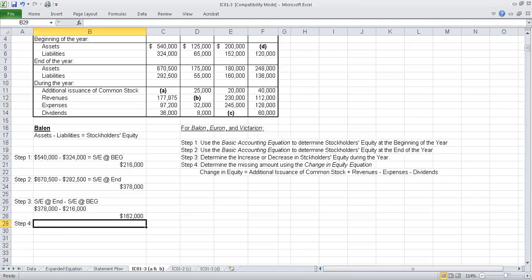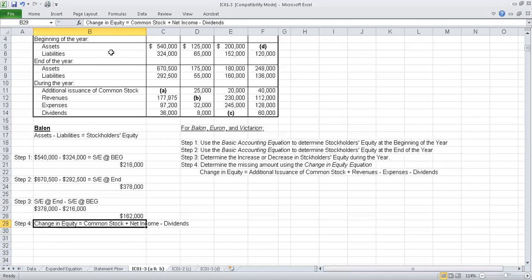So the change in equity is equal to common stock plus net income minus dividends.